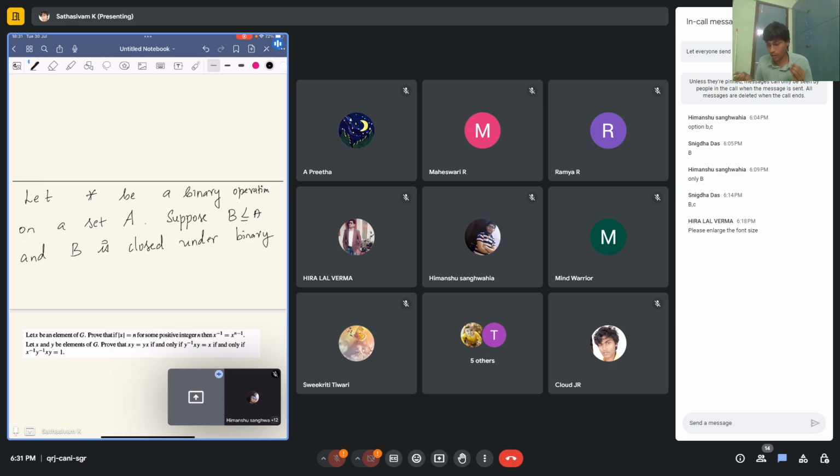So basically, if you take two elements B1, B2 belonging to B, by closed I mean B1 star B2 also belongs to B. That's what I mean by closed under a binary operation.